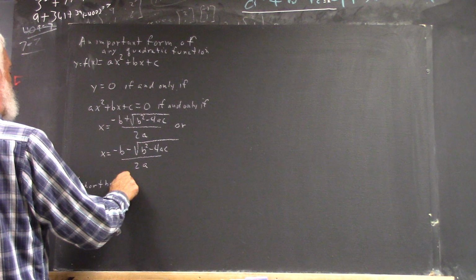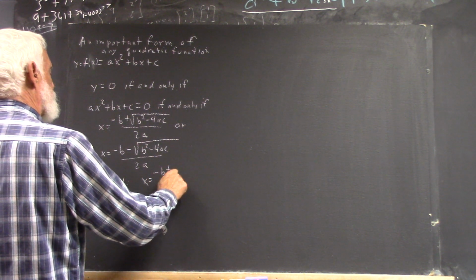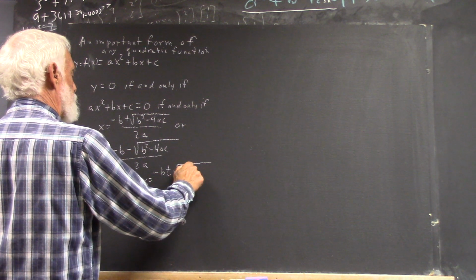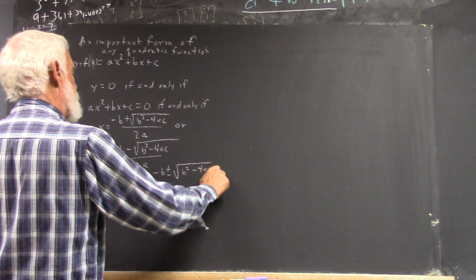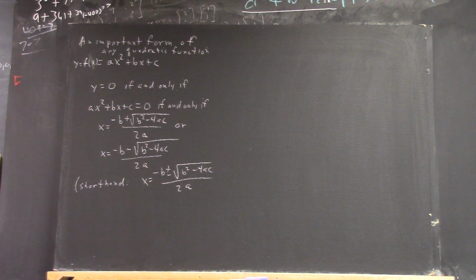Shorthand for that, x equals negative b plus or minus the square root of b squared minus 4ac all divided by 2a. Everybody recognize that?